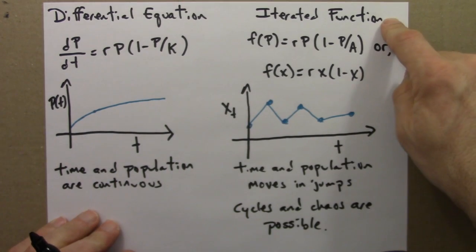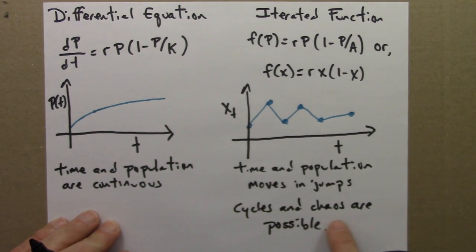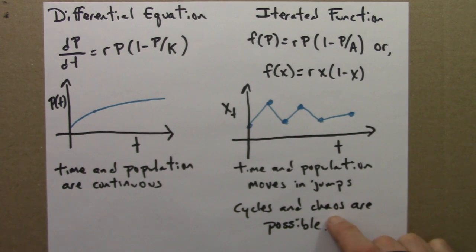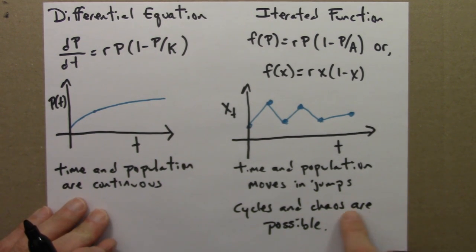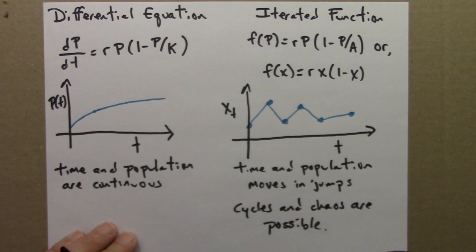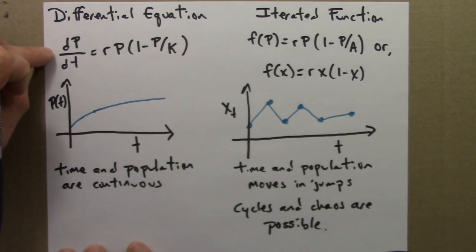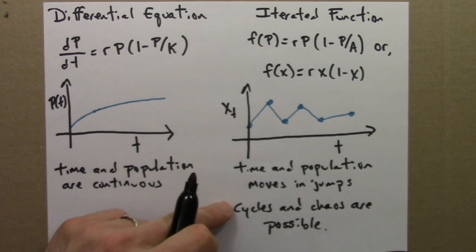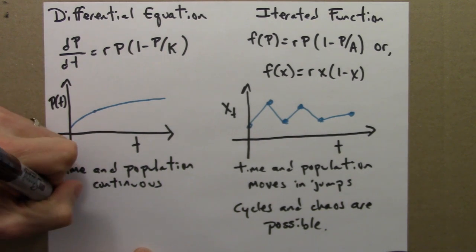Of course, not all iterated functions will show a cycle or chaos. And remember, chaos is an aperiodic bounded orbit that also has sensitive dependence on initial conditions. For a differential equation, however, cycles and chaos are not possible.